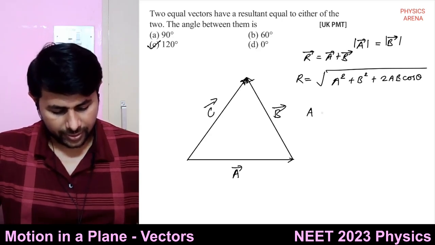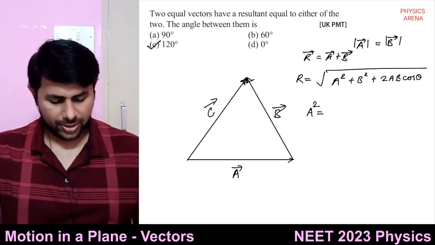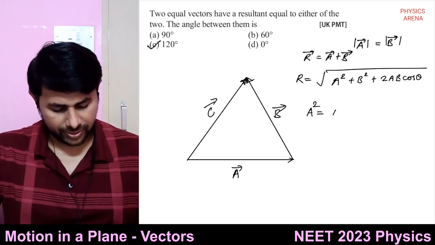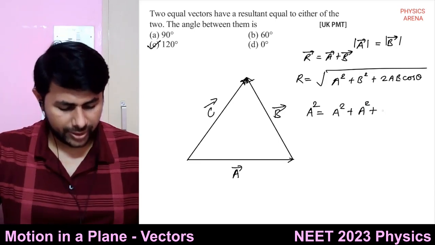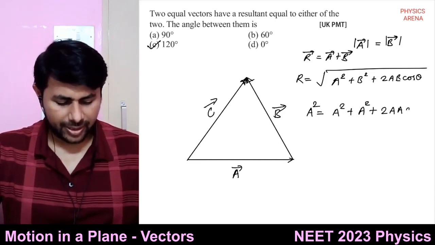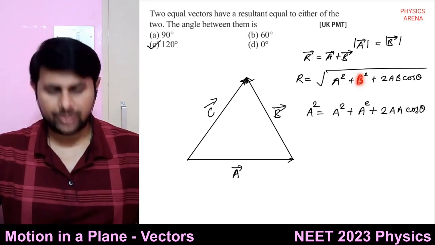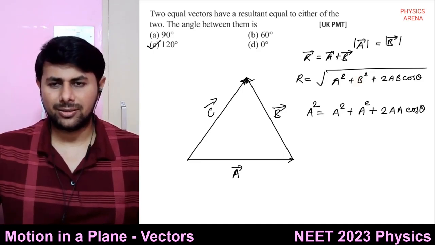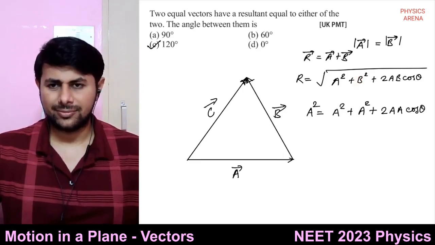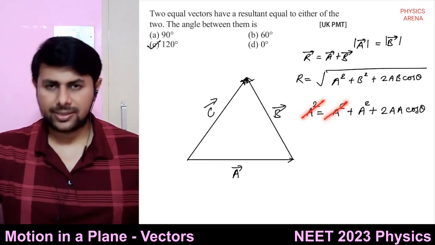Okay, so A is equal to the square root of this thing. So I will square everything. A square is equal to A square plus A square plus 2 times A multiplied by A cos theta, because B is equal to A. So I have substituted A in place of B. So this and this get cancelled.